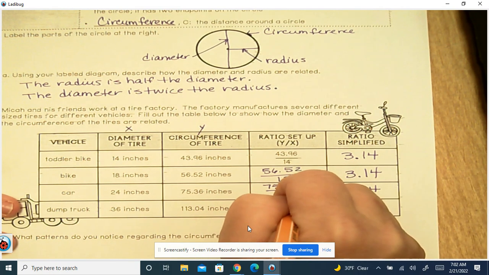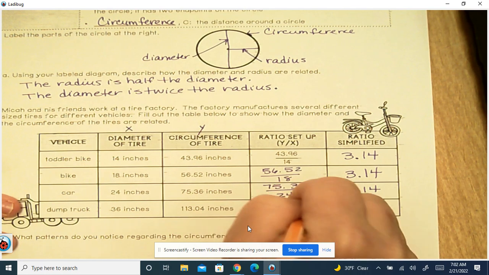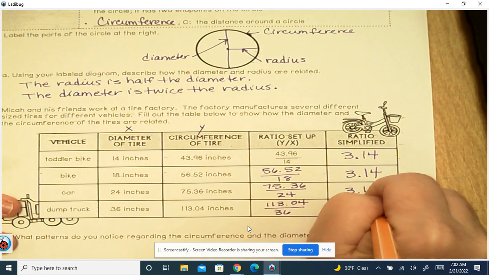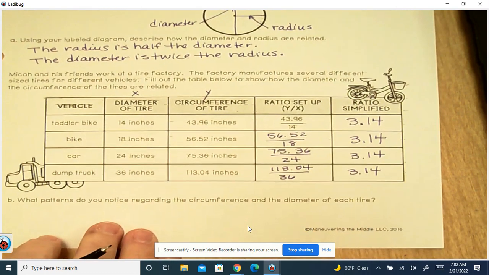If you put these in the calculator, you're going to get 3.142. And then what patterns?